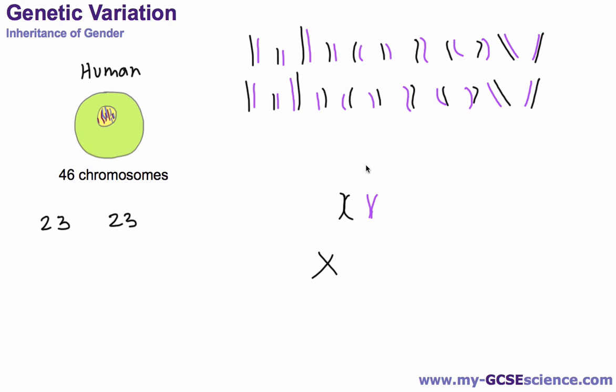This one has a kind of a Y shape, so we call it the Y chromosome, and these are actually the sex chromosomes, or the sex determining chromosomes. And if you have an X and a Y chromosome, that makes you male. And the other possibility is if you have X and X. Let's put that down here.